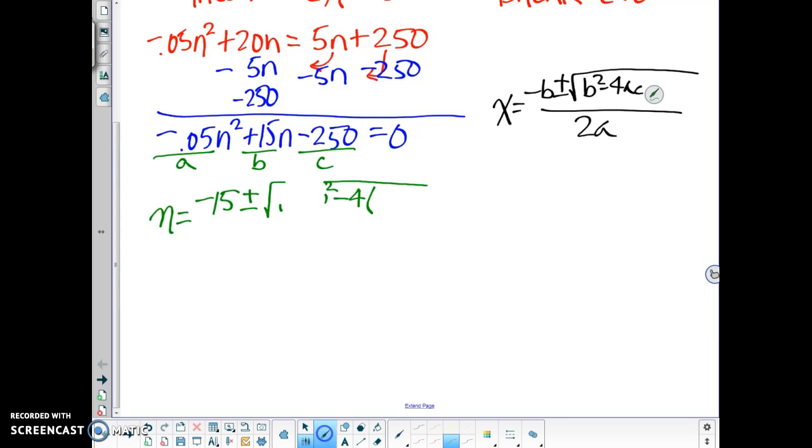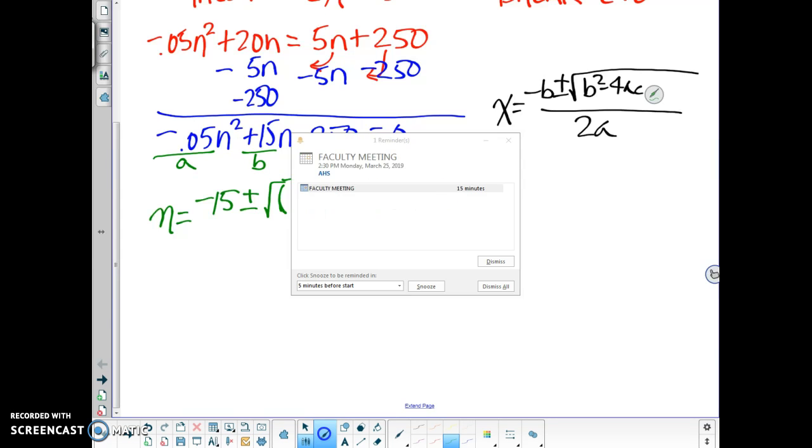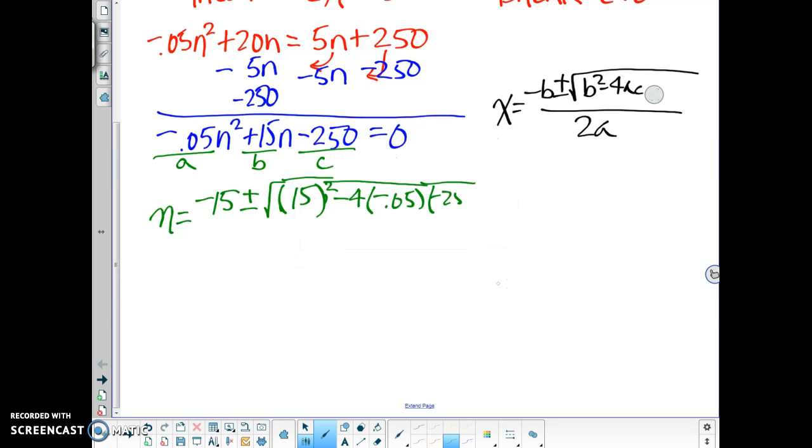So let me fix that. 15 squared minus 4 times negative 0.05 for my A value and negative 250 for my C value. Sorry about that. Divided by 2 times A, which is negative 0.05. So then I end up with negative 15 plus or minus, and oh my goodness.